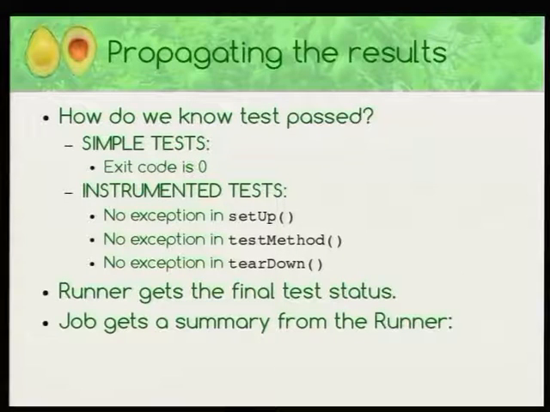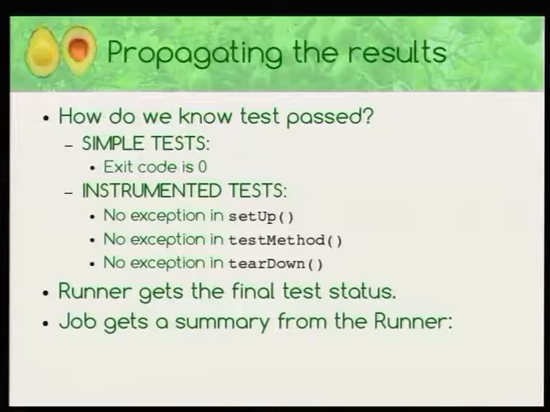This final test status is returned to the test runner. It will receive the test status, and the test runner will collect the set of failures that might happen in the test during the execution, and will inform back to the job only this summary of what happened in the test.